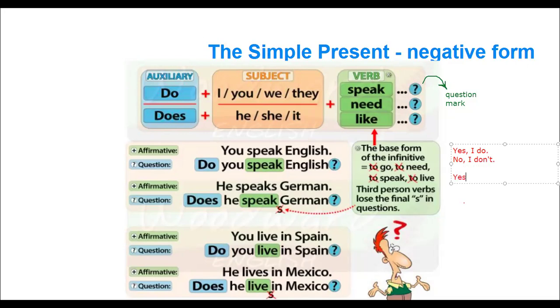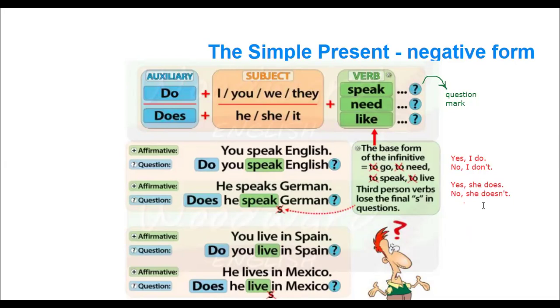Exactly correct. In the negative form, does your mother speak German? No, she doesn't, right? And this is basically how we can respond to these questions. Yes, I do, or no, I don't. Yes, she does, or no, she doesn't. Always using the auxiliaries.